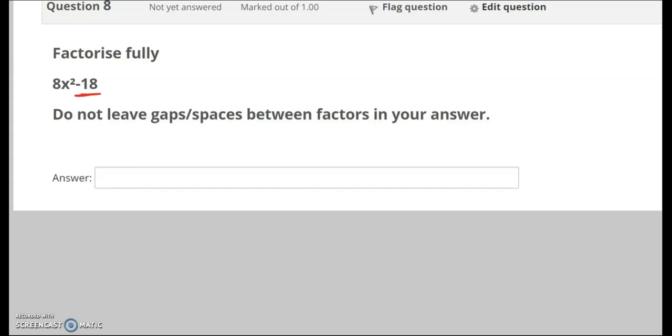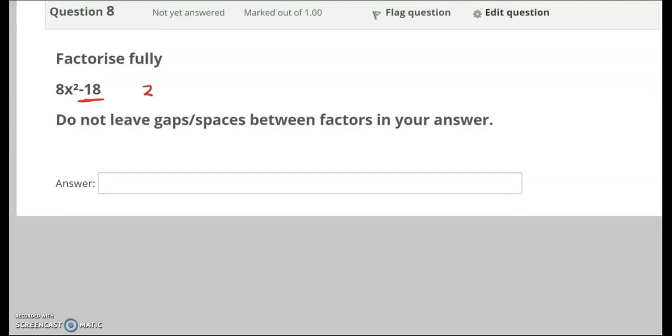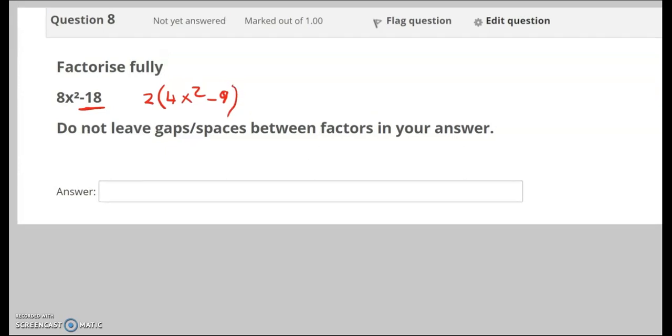So I'm going to factorize first this part by putting 2 in front. So we get 2 lots of 4x squared minus 9. Now I'm going to factorize further the 2 terms within the brackets.